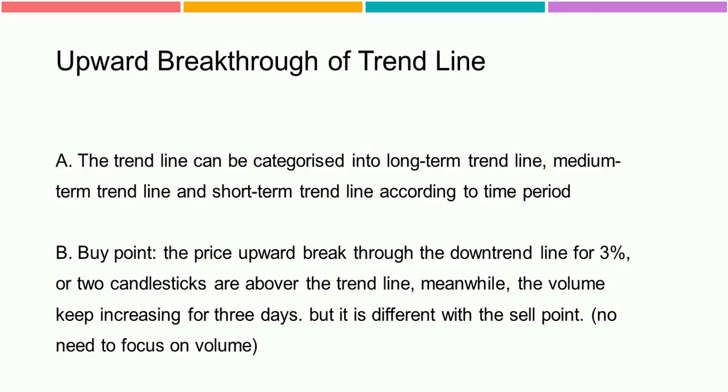Meanwhile, the volume keeps increasing for 3 days, but it is different with the sell point. No need to focus on volume. If you want to confirm it is upward breakout or not, you should check by the volume. If you see the downward breakout, volume is not necessary. Okay.